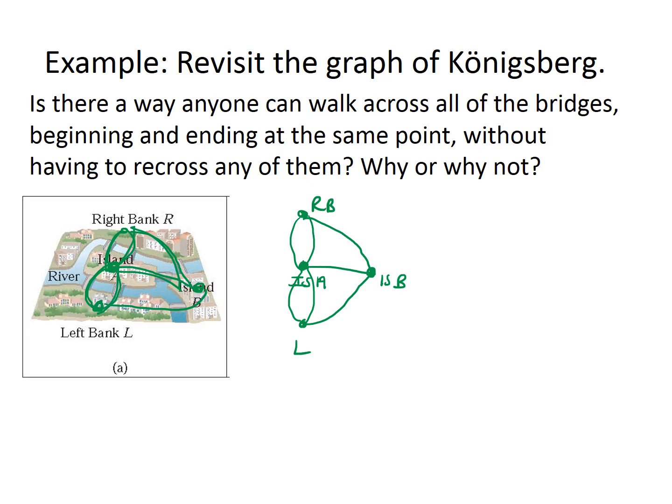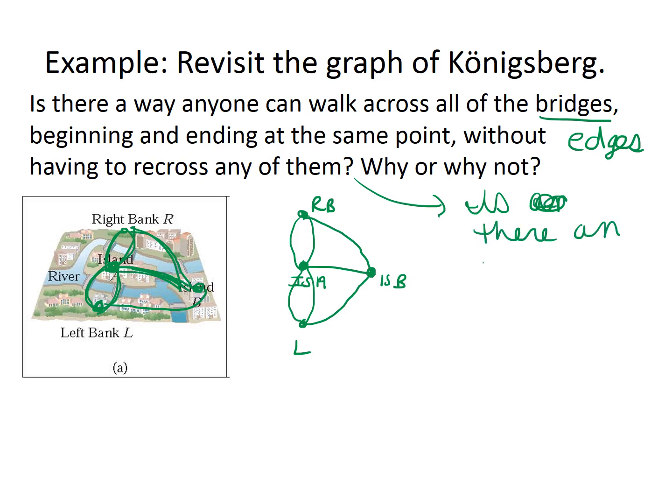If you do, oh, you're stuck there, then you have to go back on one that you already went. So we don't need to sit and try all these possible combinations because we know if we want to go across all the bridges, which are the edges, without recrossing any of them, we want to know, is there an Euler circuit? That's what we want to know.